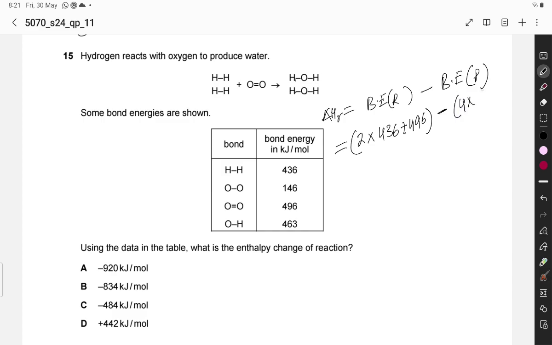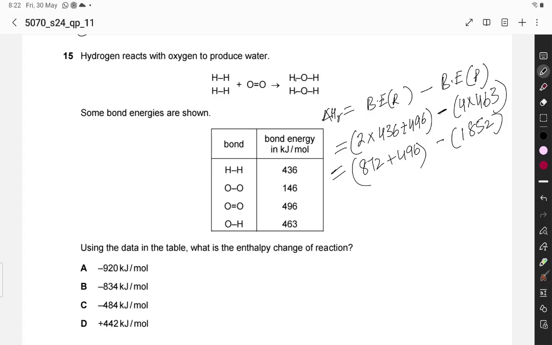So 4 into 463. 2 into 436 is equal to 872 plus 496 minus 4 into 463. This is equal to 1852.